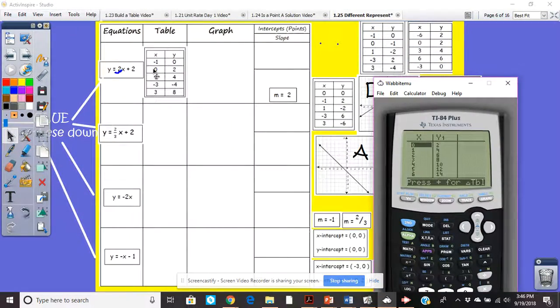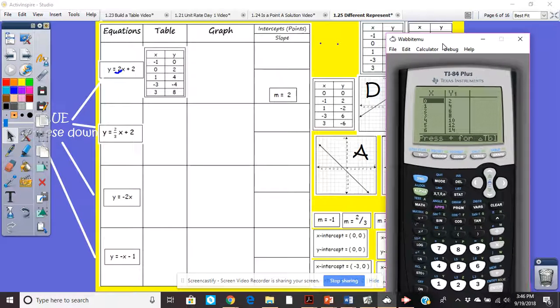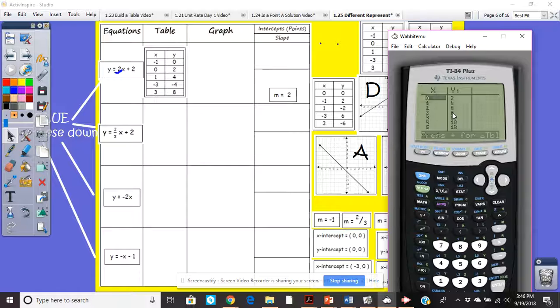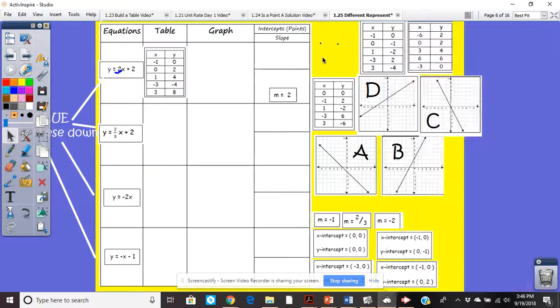So I see here that x is 0 and y is 2. So a positive 2 is my y-intercept. To find the x-intercept, you want to know when y is 0, what is x? So my x-intercept would be -1. So that would be this one. X-intercept is -1, y-intercept is 0, 2.